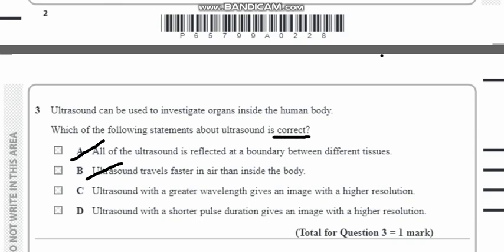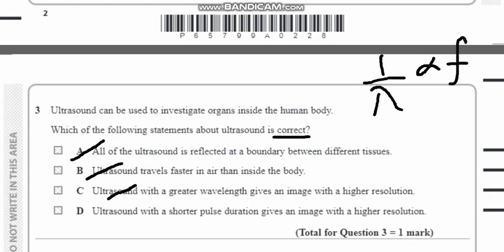So if you guys know that 1 upon lambda is directly proportional to frequency, what I mean by this is that the higher the frequency, the higher the resolution we get to the picture. So this is an incorrect option, because the lower the wavelength, the higher the resolution we get.